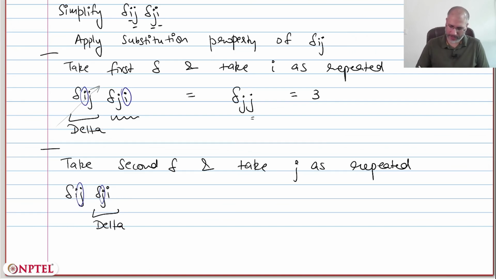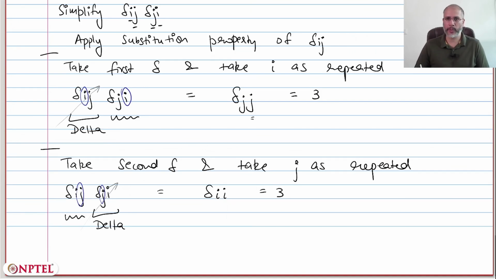When we apply the substitution property, the delta will vanish. So this will go, and what we are left with is the remaining part, which is also a delta, and the repeated index, that is j, is replaced with an i. So this becomes delta ii, which is also 3.